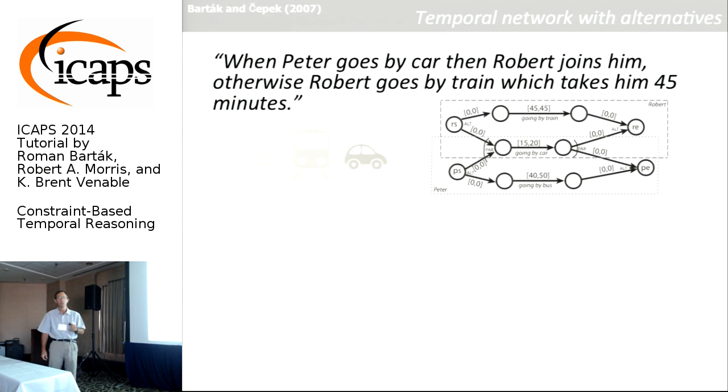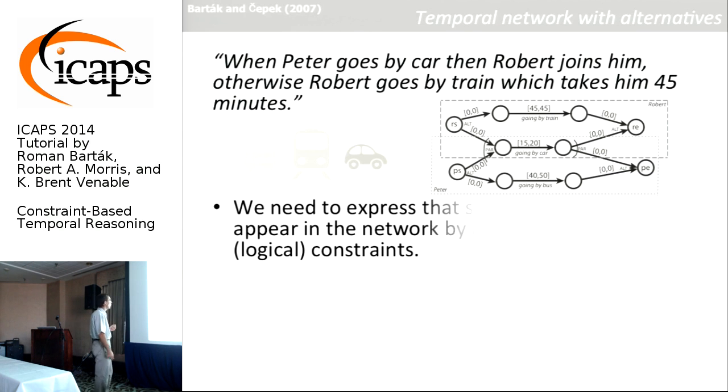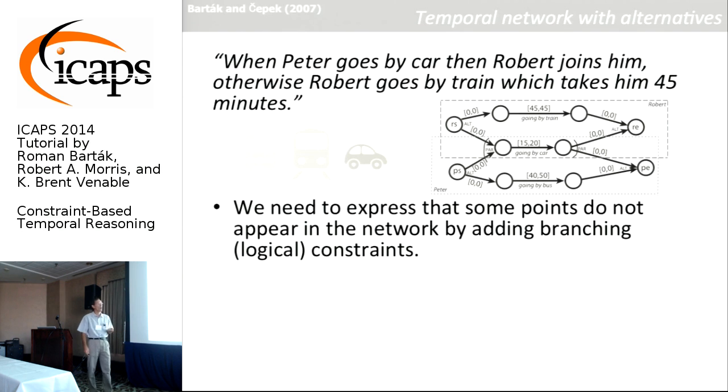Right? So this is what we call a temporal network with alternatives, or there is another very similar concept called TPN, temporal planning networks. In temporal planning networks, all these alternatives must be somehow nested. In the TNA, they do not need to be nested.